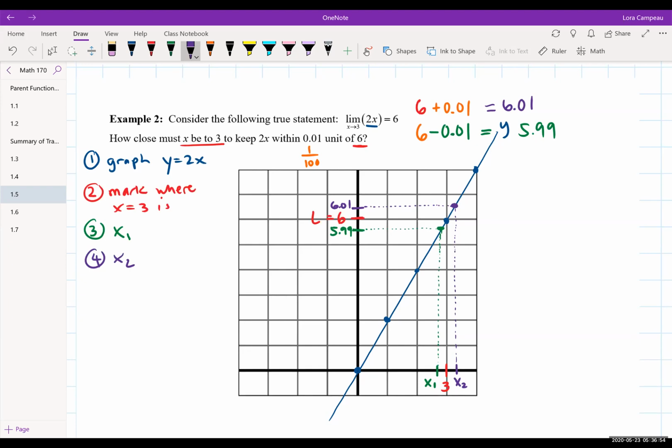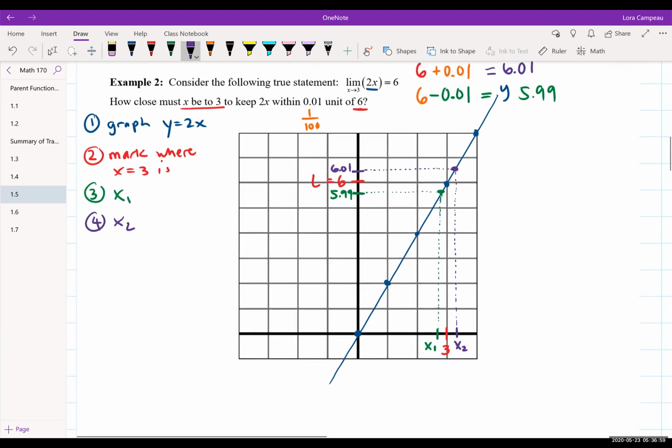So what we are really interested in finding out, and I'll try to mark this, I know it's a very, very small picture, are two distances. We want to know how far x1 is from 3, and I'll write that down. We'll start there. And we'll also want to find out how far x2 is from 3.